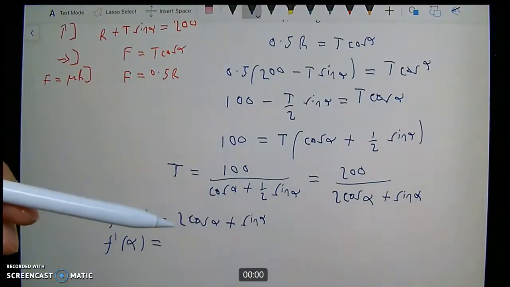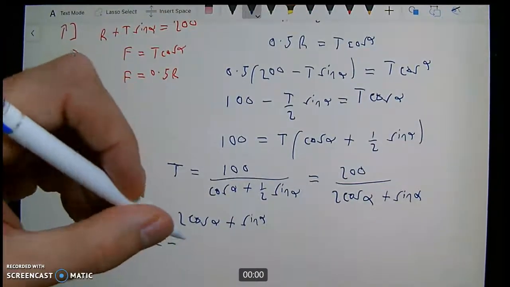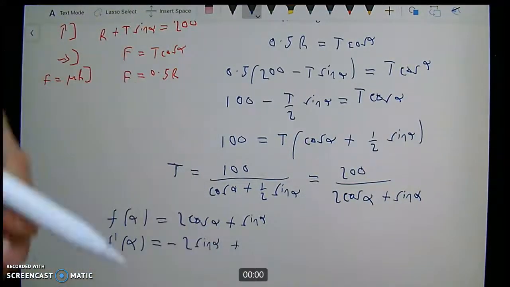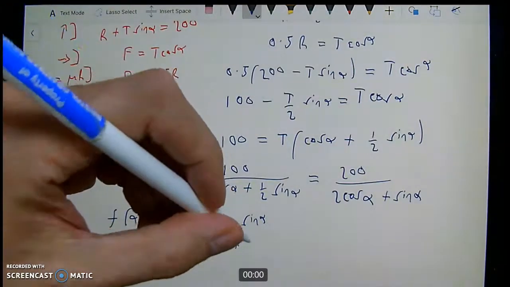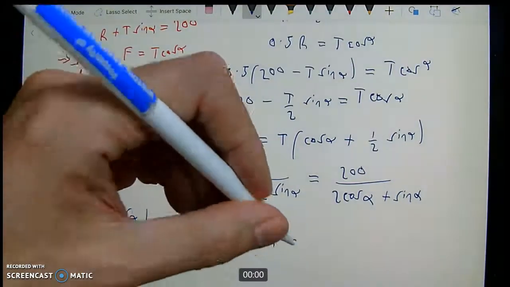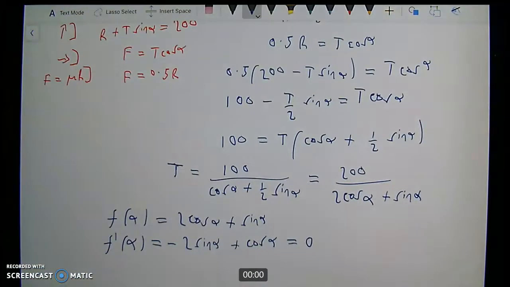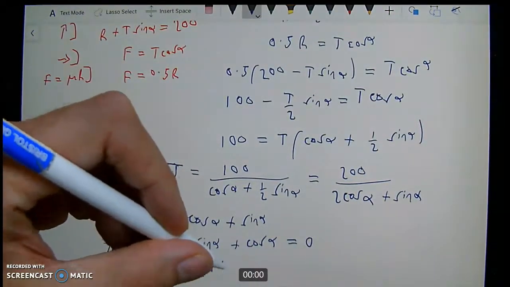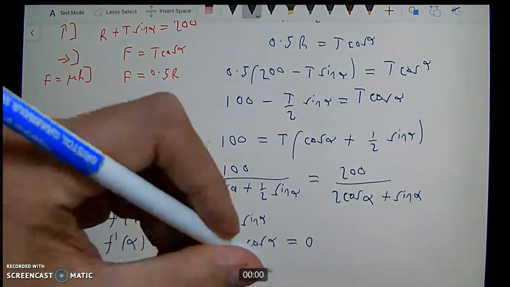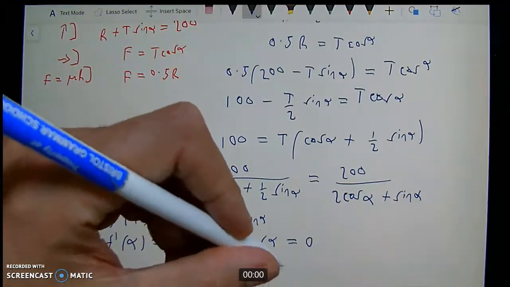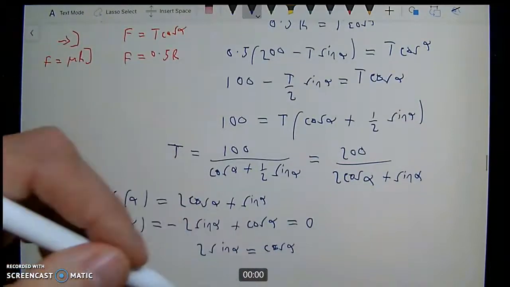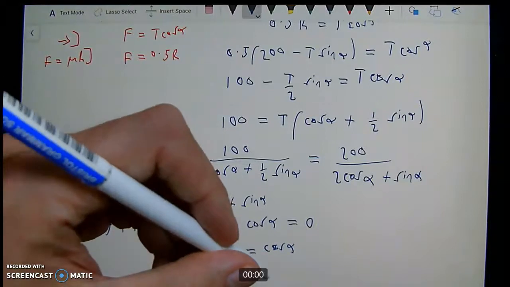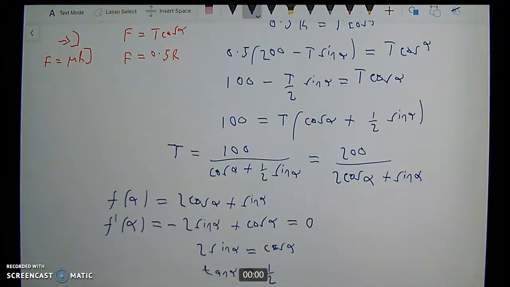So when you differentiate cos alpha, you get minus sine alpha. And when you differentiate sine, that goes to cos. Put equal to 0, and then this would turn into 2 sine alpha equals cos alpha. In other words, sine alpha over cos alpha, or tan alpha, equals a half.